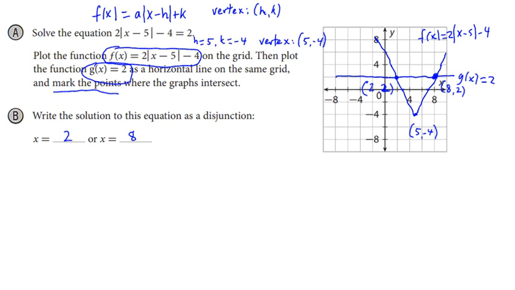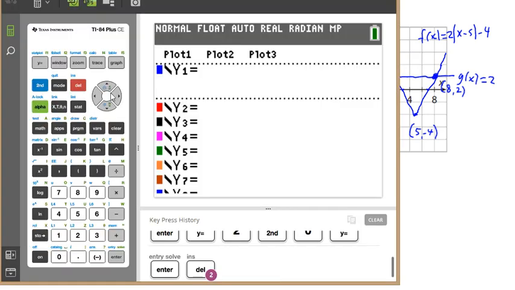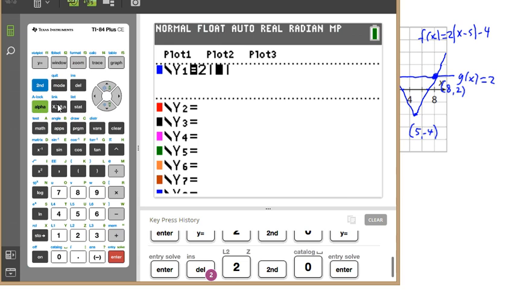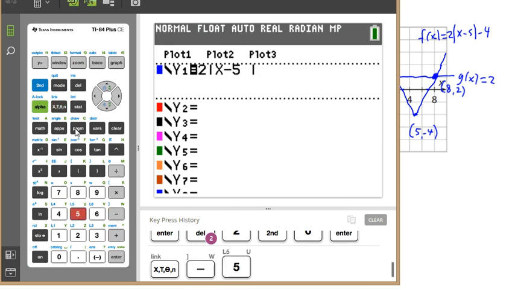Now I'm going to quickly go to the graphing calculator. And here's our TI-84 CE graphing calculator. We're going to put in our absolute value equation: 2 times second catalog, enter, x minus 5, and then minus 4, so we graph that.